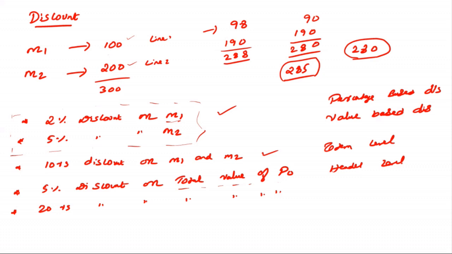Any questions here? To create different types of discount, you need to create different conditions, which we will see when we are in the system.